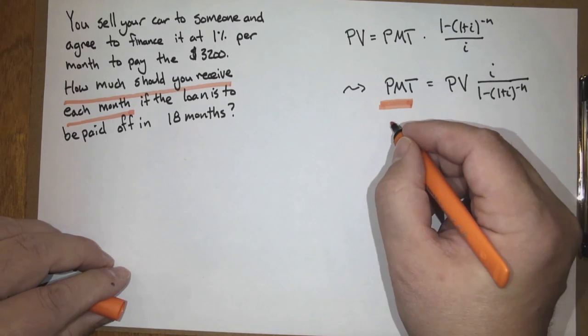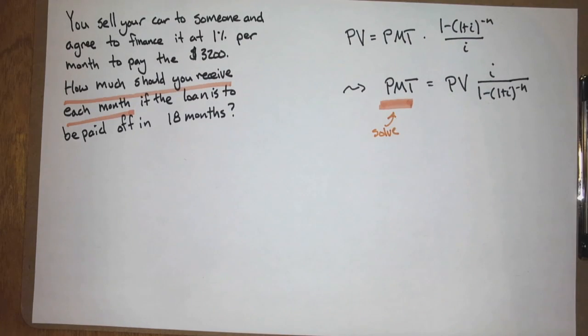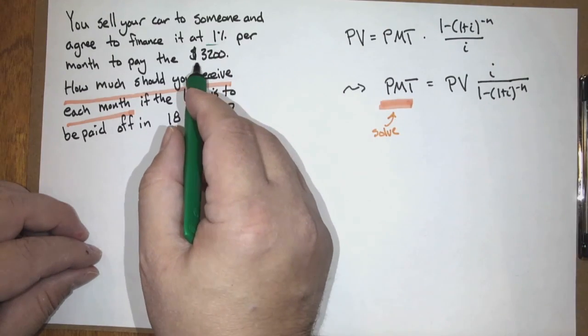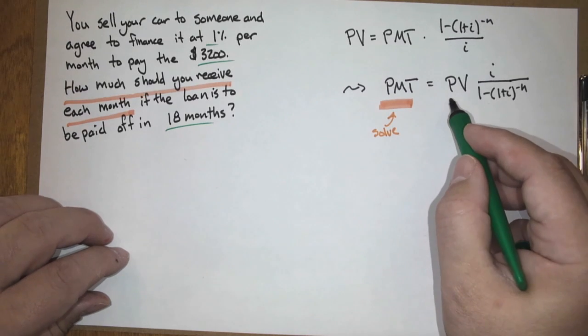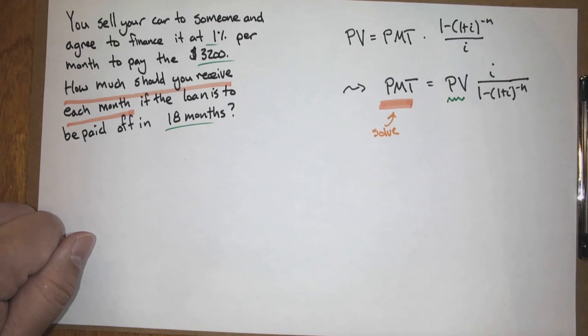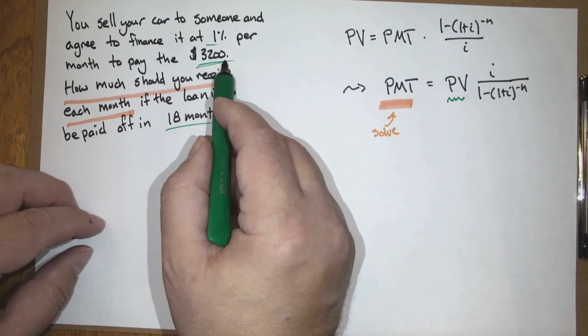Well, now we need to find our other pieces. So let's talk about our other pieces. We have this 1%. We have this 3,200. We have this 18. What's the present value? It's the amount that you financed.